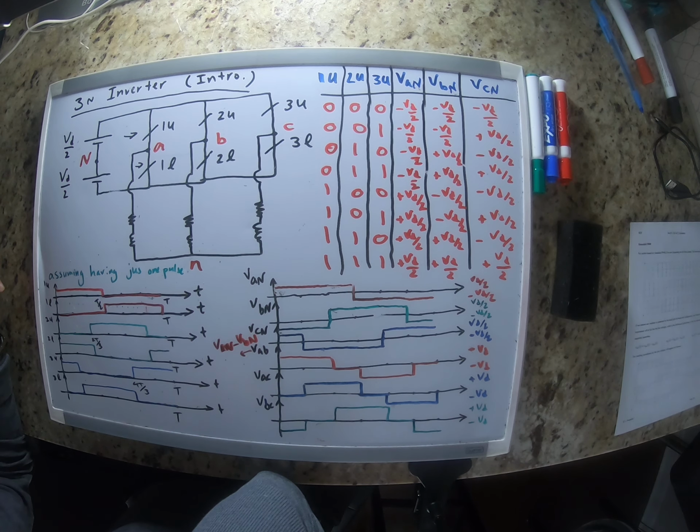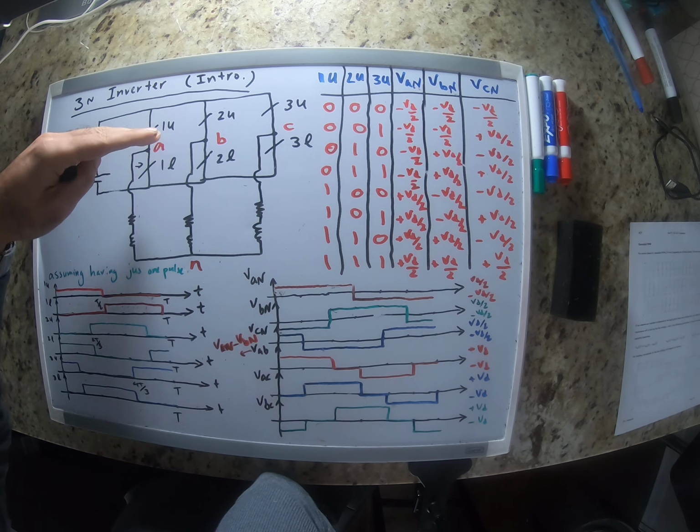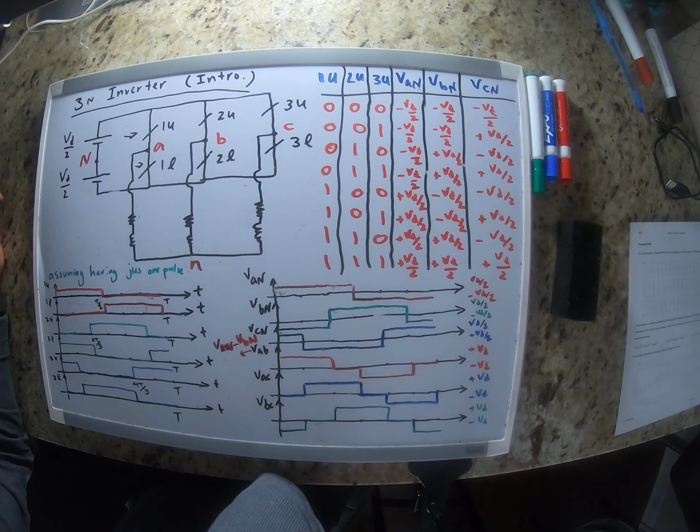We want to have a three-phase voltage. In a symmetrical three-phase voltage, they have the same magnitude. The only difference is that they have phase shift. How much is that phase shift? It is 120 degrees for each two phases.